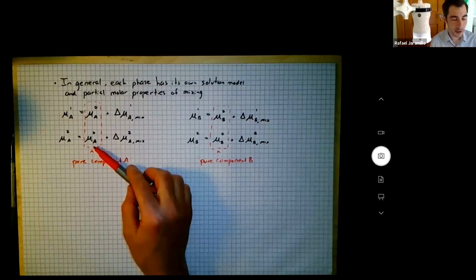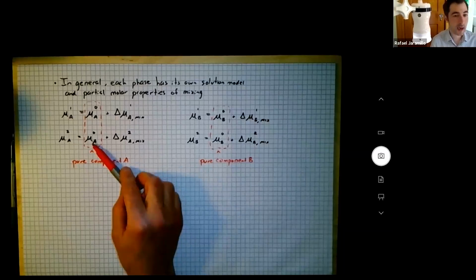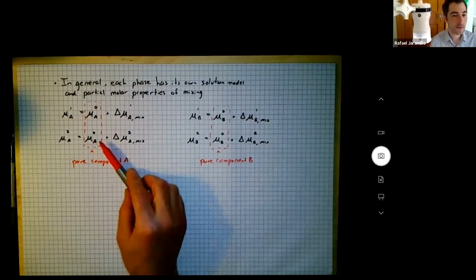It's the chemical potential of A in its pure state. It doesn't care what kind of mixture you're going to make out of it.